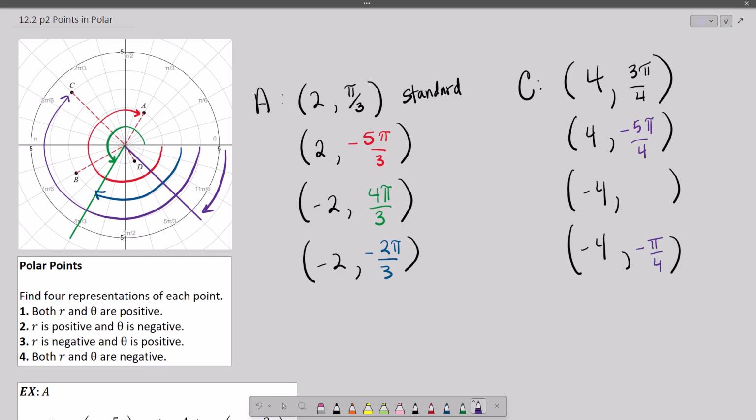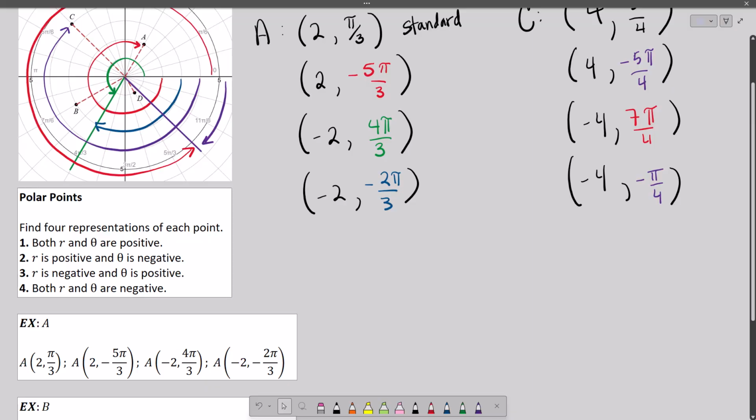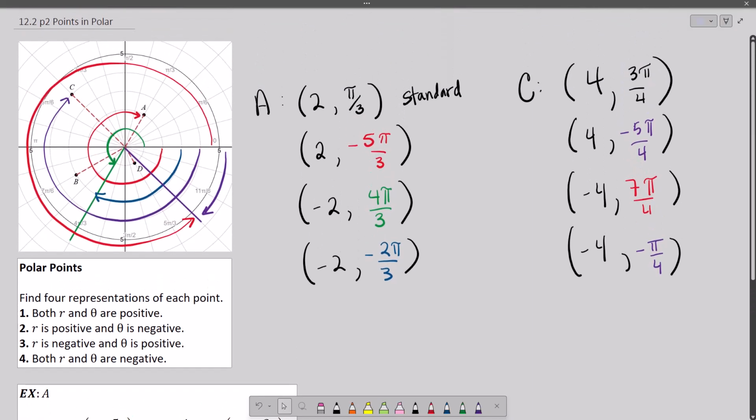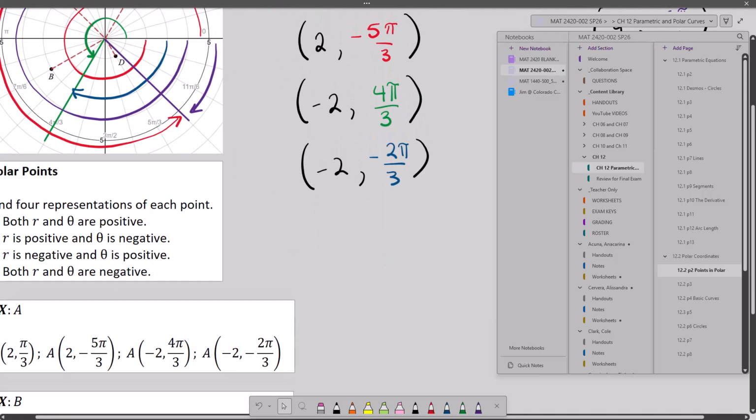And then the positive option there would be to come all the way around to there, which would be 7 pi over 4. All right, so all those representations are possible. Typically, we like the standard one, but just so you know, you can use any representation imaginable, which makes grading a pain in the neck, because there's lots of correct answers.